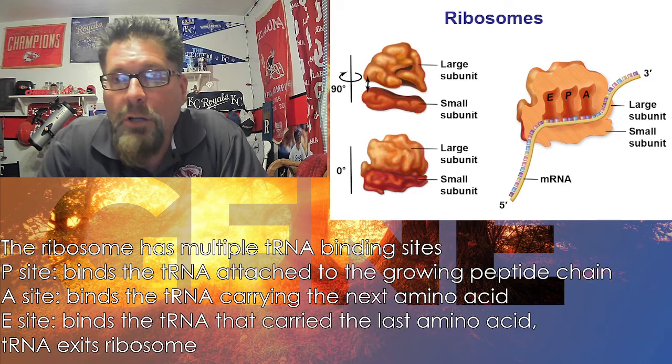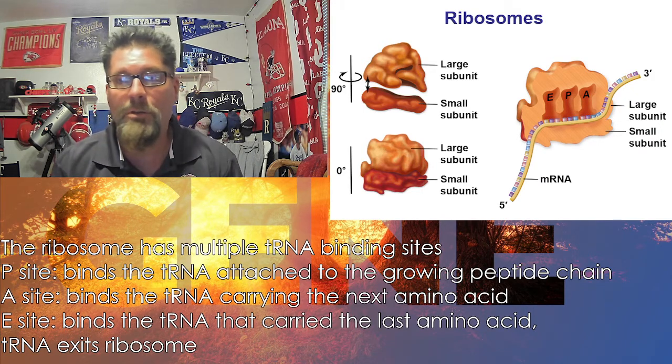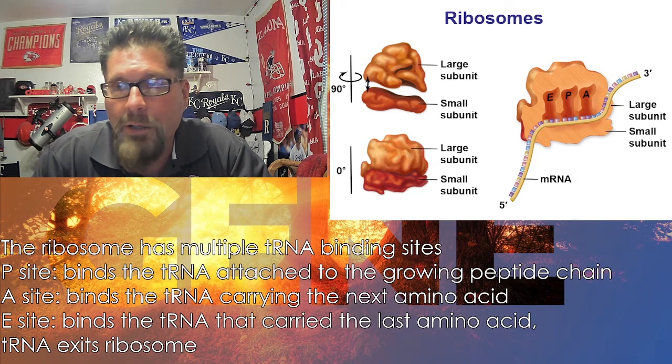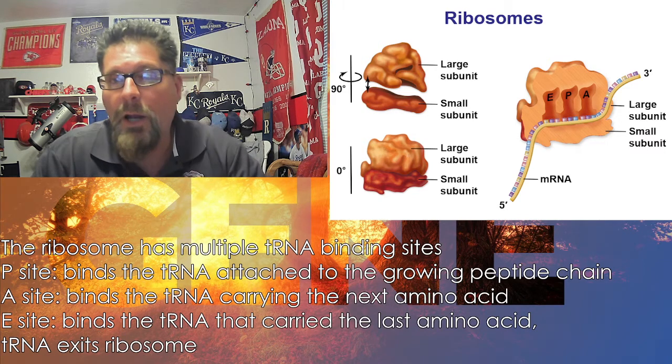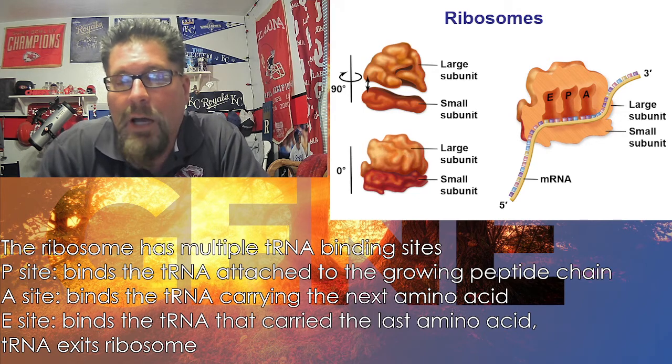But initially, the first tRNA molecule arrives, and its amino acid, its anticodon, is set at the P site. Then the second tRNA molecule comes along, and it places its amino acid at the A site.